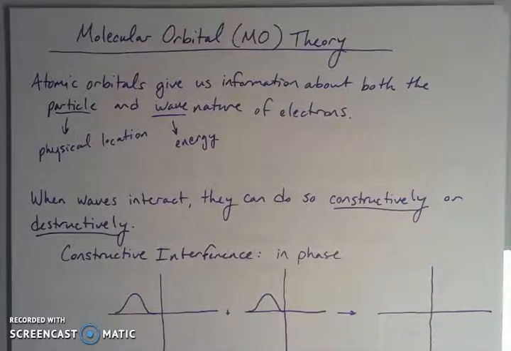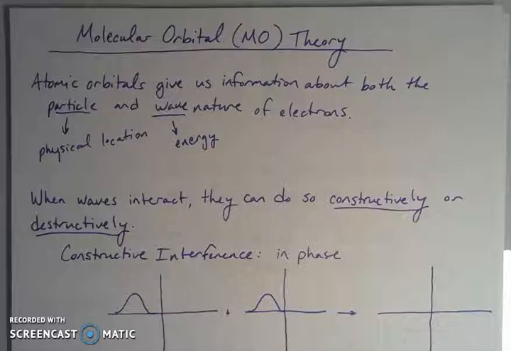Where are the electron pairs around a central atom? So that's a physical location. But molecular orbital theory focuses more on the energy or wave nature of electrons. So we get into the quantum mechanical behavior of electrons, and that helps to explain why certain things bond together and why other things do not from an energetic standpoint.